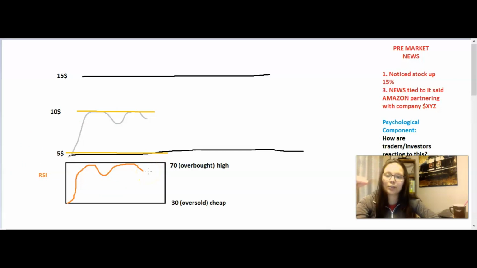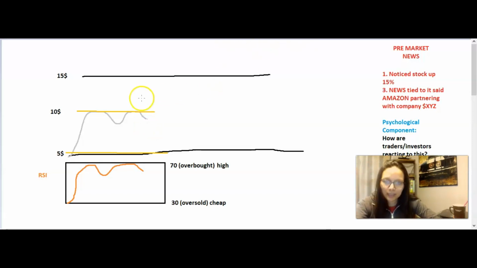Yes, that confirms that it's close to resistance, close to the top. And it's at the top, so it's overbought at the 70 mark on the RSI. That means it's high on price, kind of expensive. More than likely, it's going to go back down. In theory, that's what would happen.